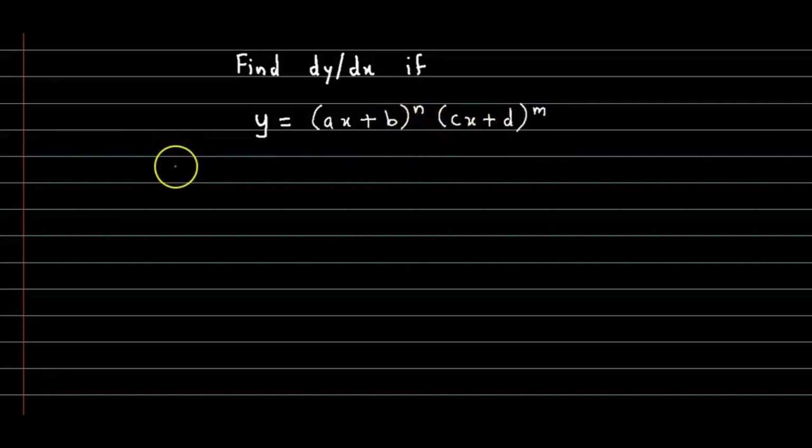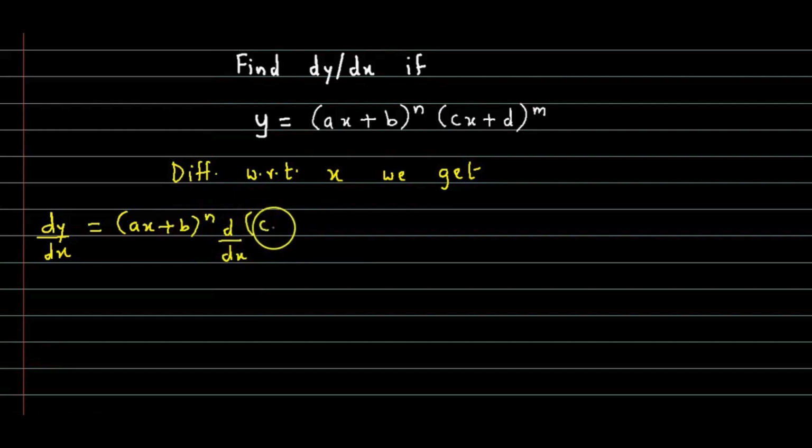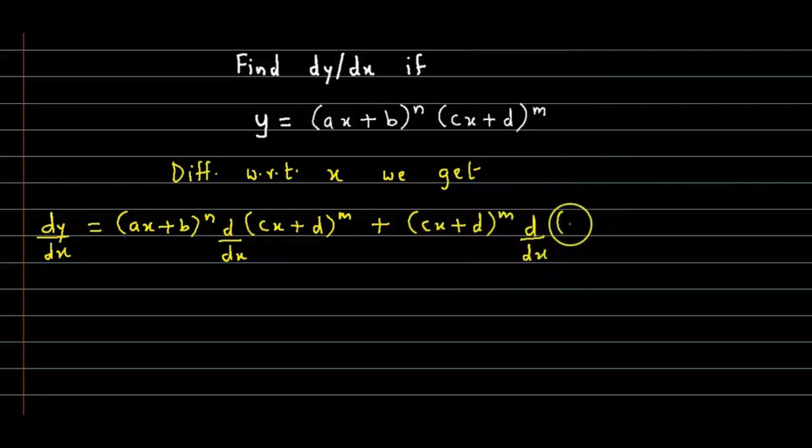So differentiating with respect to x, we get dy by dx is equal to, using the product rule, first term into the derivative of the second term, that is cx plus d raised to m, plus second term into the derivative of the first term, that is cx plus d raised to m into the derivative of ax plus b raised to n.